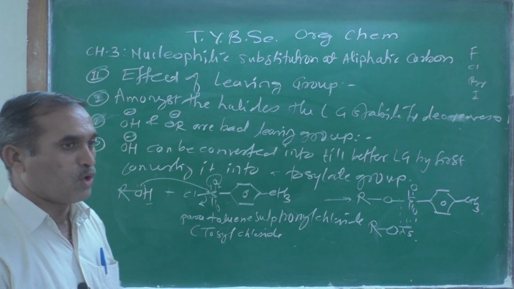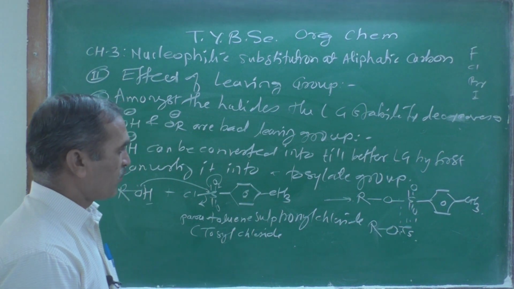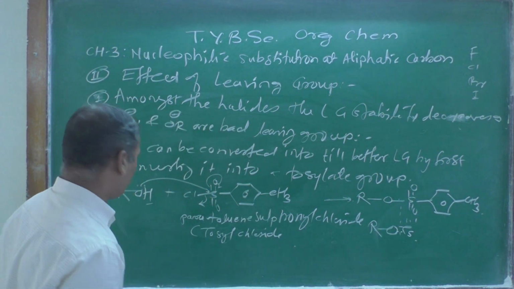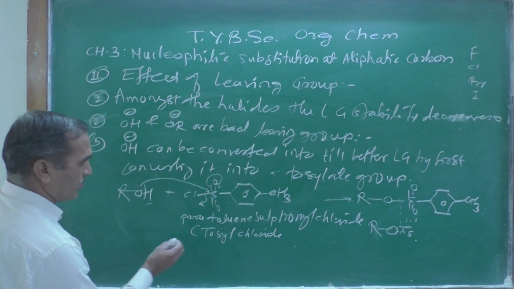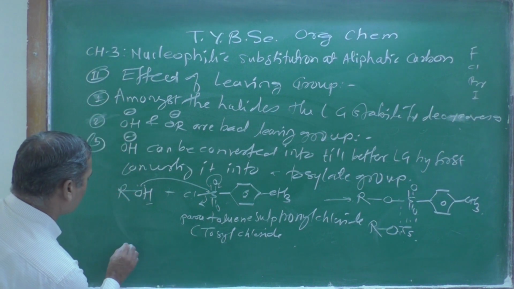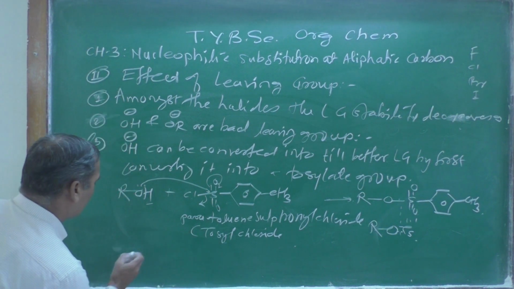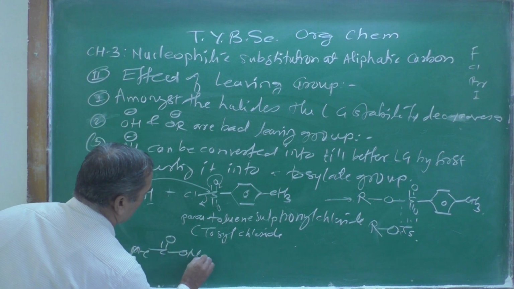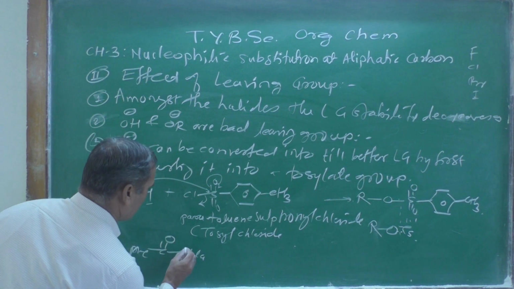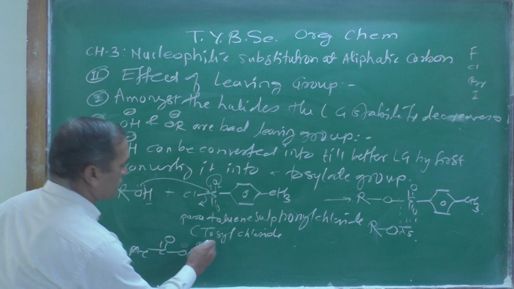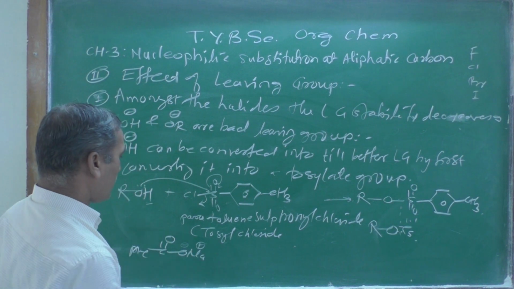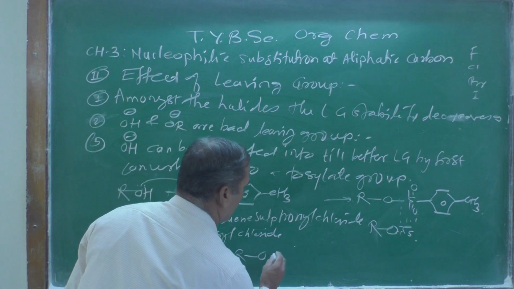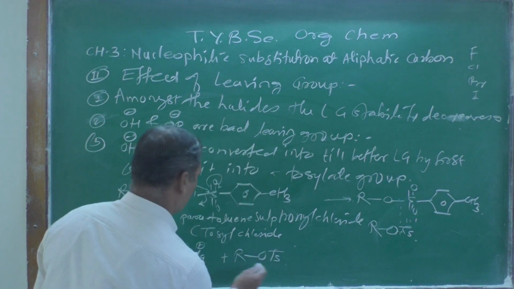Now even a weak nucleophile can attack on this. Suppose let us see here, sodium acetate, MeC double bond O with O minus Na plus. Sodium acetate is a weak nucleophile, and it is going to attack ROTs.